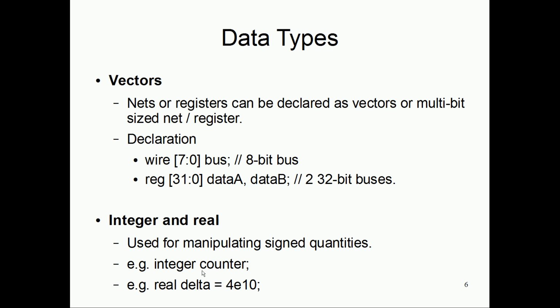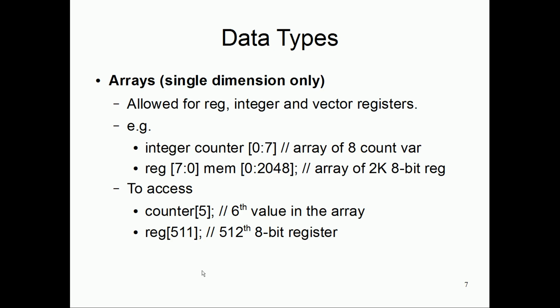These are mostly for the test program implementation. These are not directly related to the hardware, but for comparison of results and all this programming part of a testbench that uses this kind of data type, like integer, and real, which is basically a floating point number, and so forth.